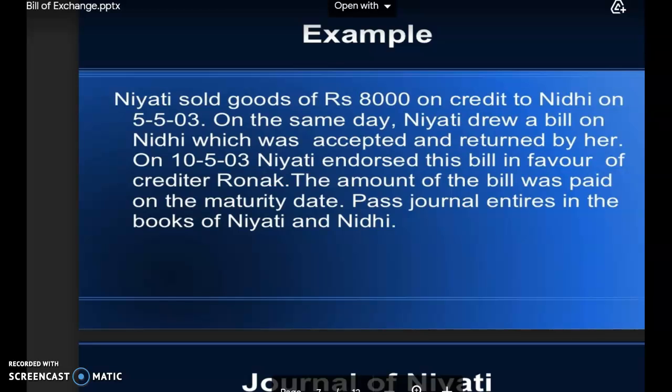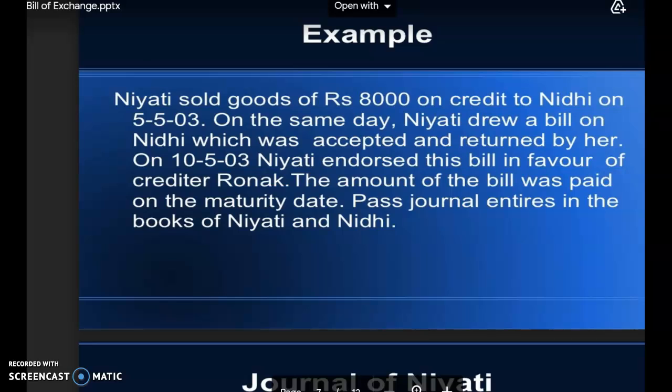The drawer is the seller who sells the goods or provides the services on credit, or who has to receive the money. So in this particular example, Neti will be the drawer because she has drawn the bill and sold the goods on credit. On whom is it drawn? The bill is drawn on Nidhi. The person on whom the bill is drawn is known as the drawee. In this example, Neti is the drawer and Nidhi is the drawee.